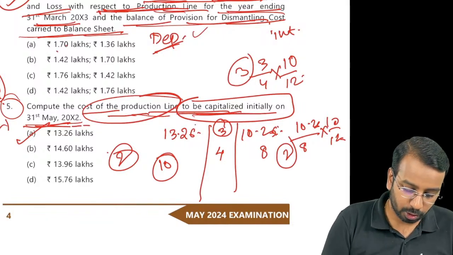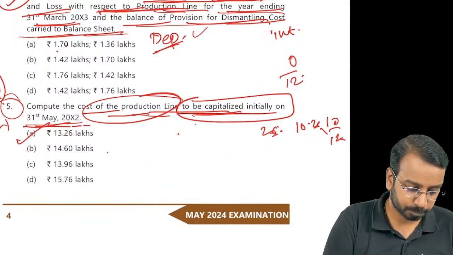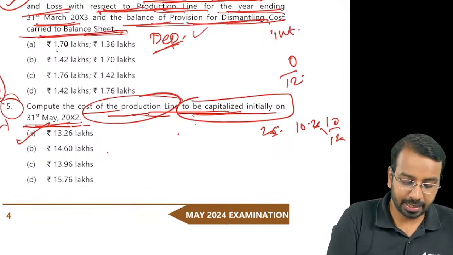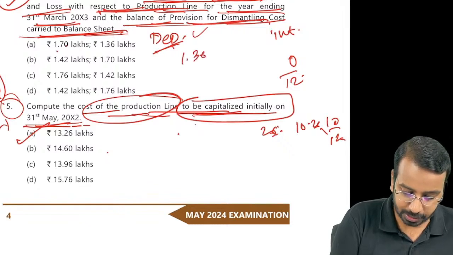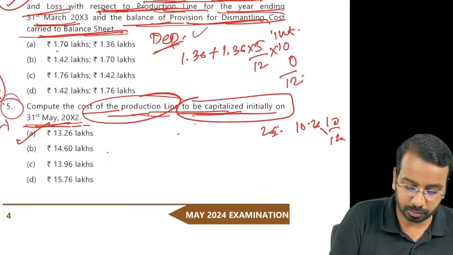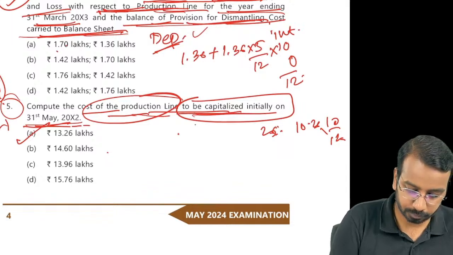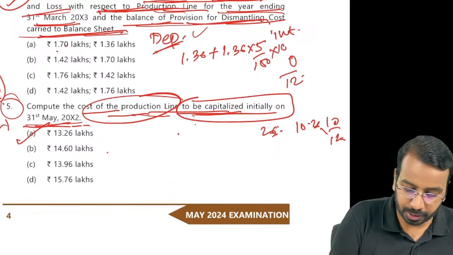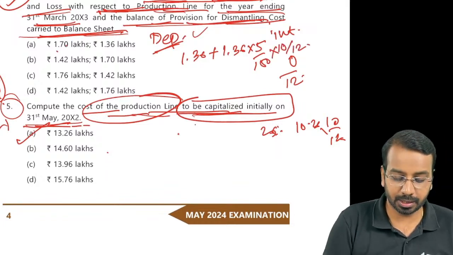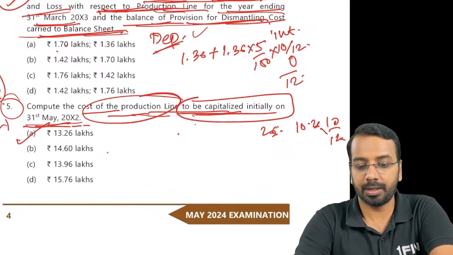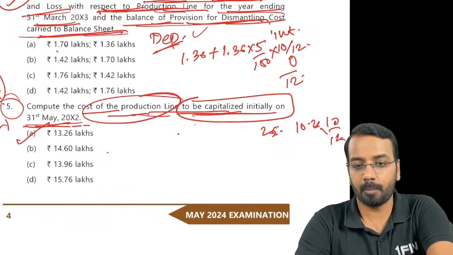Then they have also asked the balance of provision for dismantling cost carried to the balance sheet. What is that? That is your 1.36 plus interest. What is the interest? 1.36 into 5 divided by 100 into 10 divided by 12.